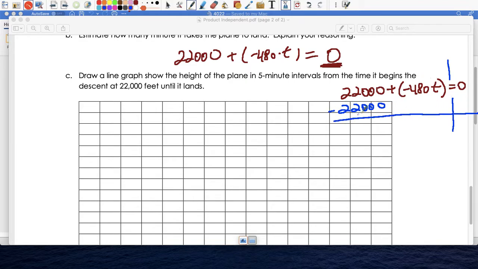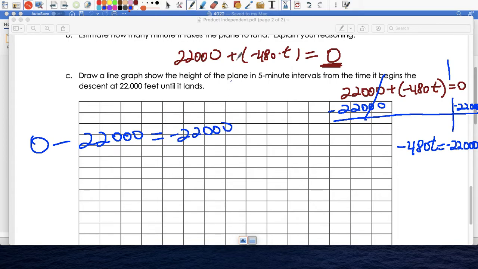If I subtract 22,000 from the left side, I must subtract 22,000 from the right side. These two go away. You bring down negative 480t equals, and 0 minus 22,000 is negative 22,000. Right? Think about 0 minus 22,000. What is that equal? It can't be positive, so it has to be negative 22,000. Okay.